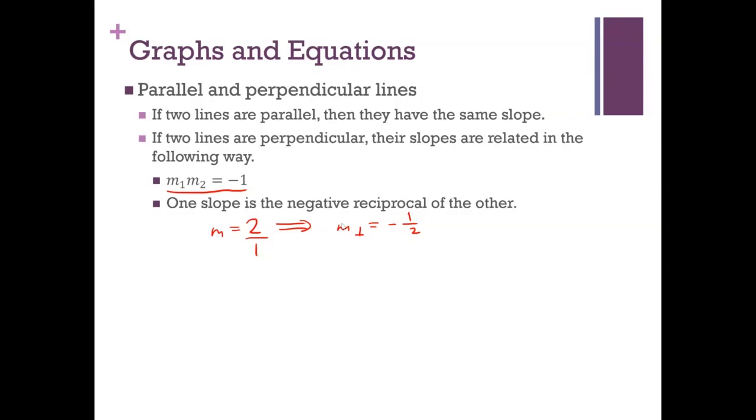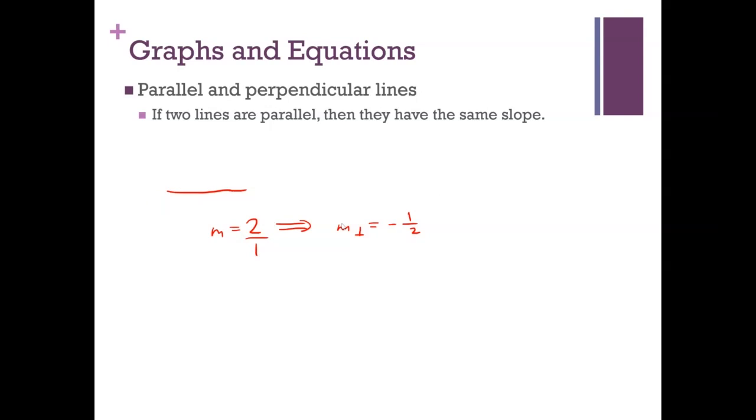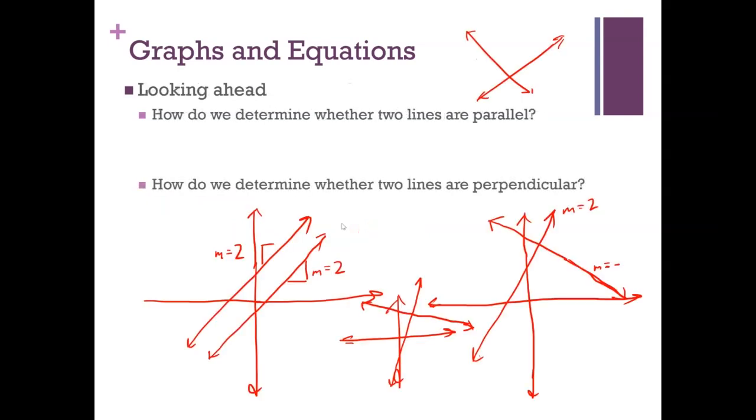So if we describe 2 lines in this way, if we know the slope of one, we can get the other by making whatever connection we have to make. Any questions about this?